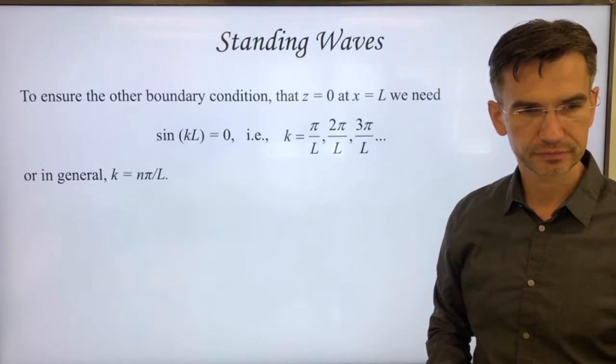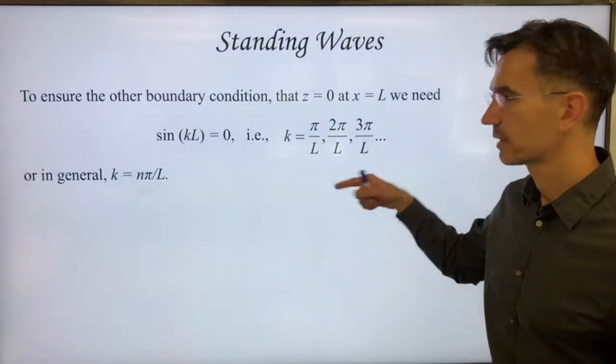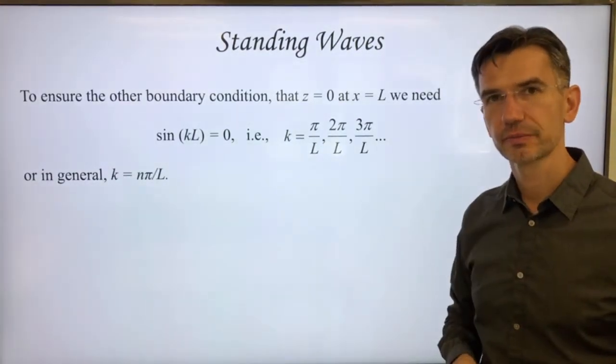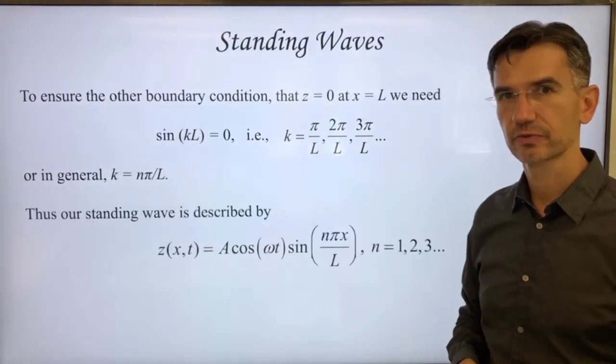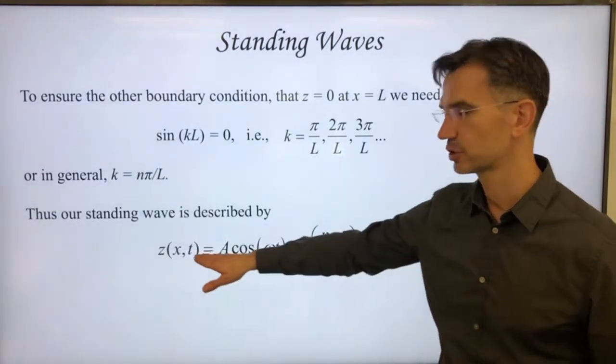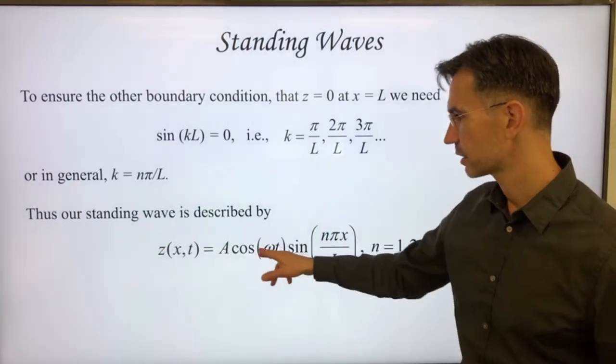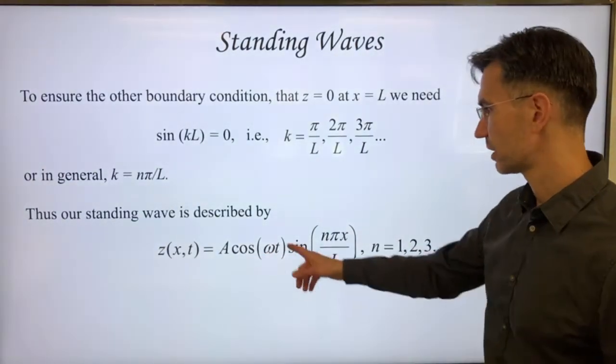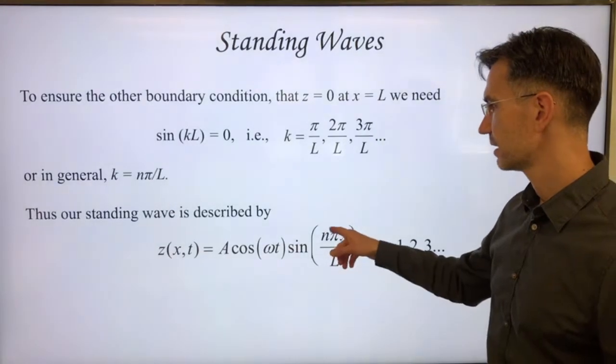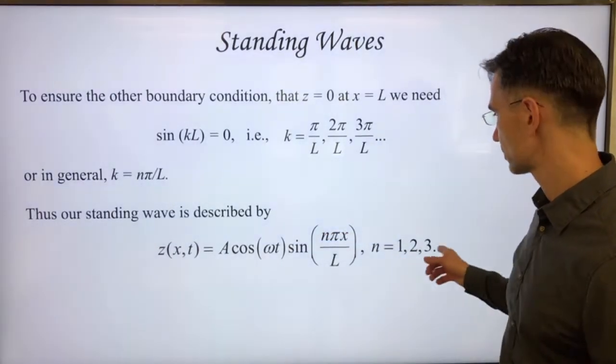So then we can put this solution from the boundary condition into our expression for the standing wave, and we get that this is our general form for a standing wave on a string: A cosine omega t, so it oscillates with time, times sine of n pi x over L, where n is an integer, 1, 2, 3, and so forth.